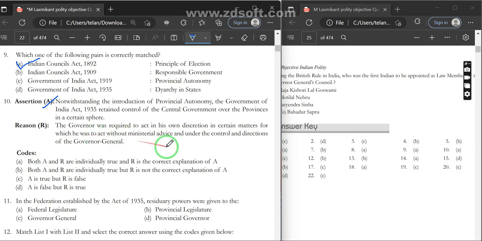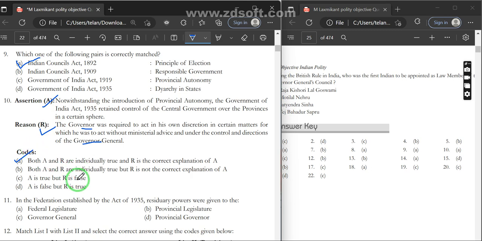The governor was required to act in his own discretion in certain matters, for which he has to act without ministers and under the control and directions of the governor general. This is center, and this is the provinces. He follows the instructions of the governor general. That means governor general can control governor, and indirectly he can control the province. Explains the assertion. So option A is correct.